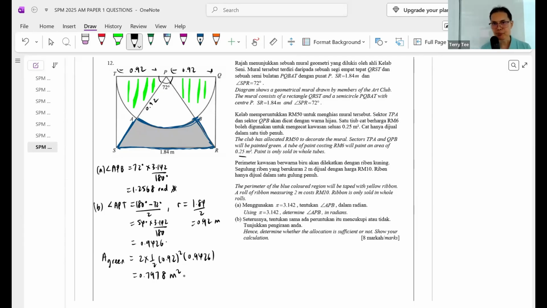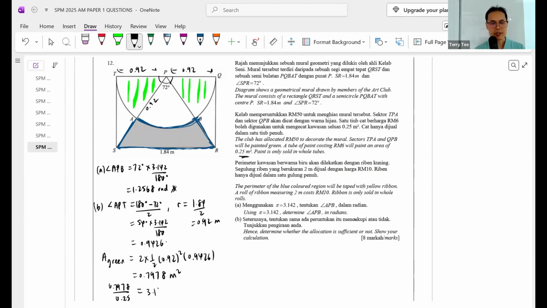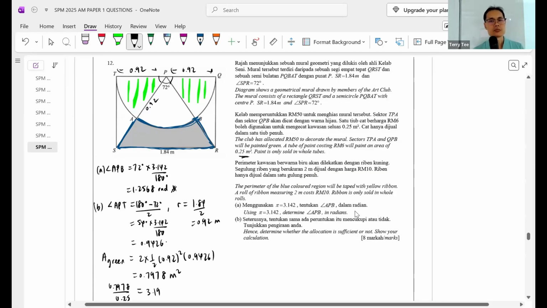Now, the question says one tube can paint 0.25. So how many tubes do you need? Take 0.7978 divided by 0.25. No need to give so many decimal points. What do you get? 3.19. So that means how many tubes? Do we say 3 tubes?